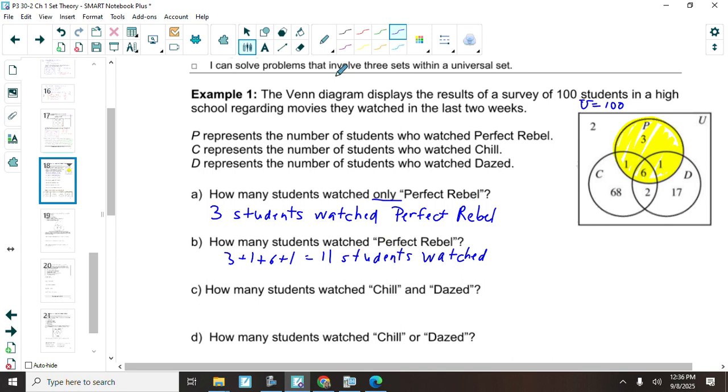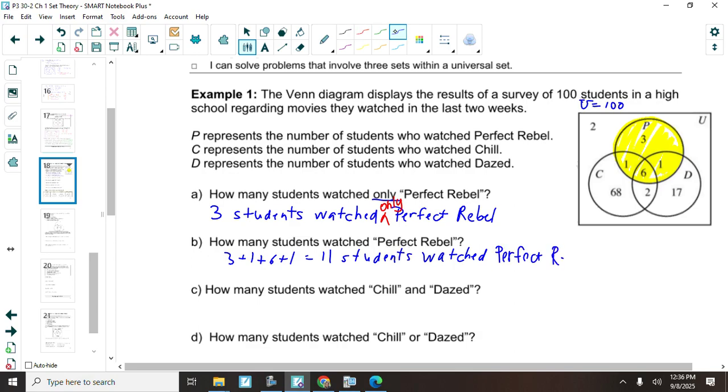If you're unsure, just stick it in here. Otherwise their sentences are the same. Here I'm saying 11 students watched Perfect Rebel, but here I just said 3 students watched it. So 3 students watched only Perfect Rebel, while 11 students watched Perfect Rebel.